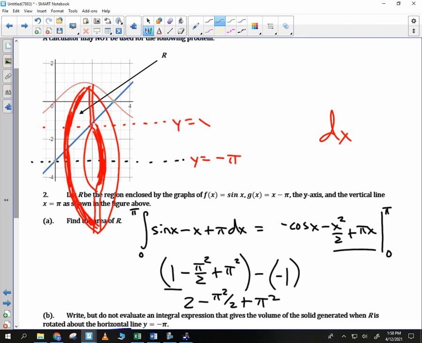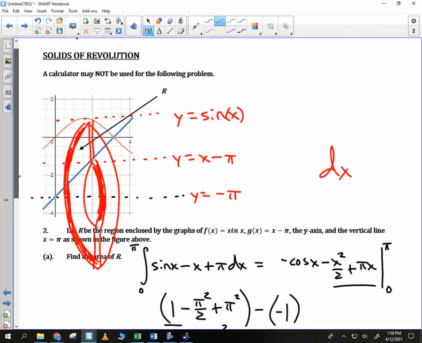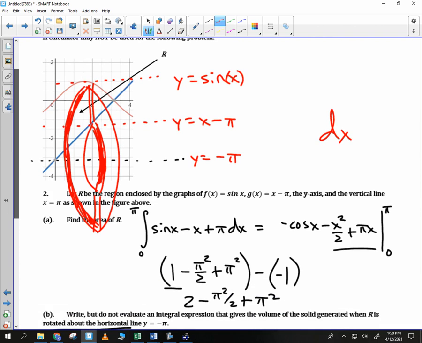Y is equal to x minus pi. And what makes the top portion? Sine of x. Does it label them as g or f? It does. It says f is sine. So this is f of x, and this is g of x. I'm going to use that to my advantage. If it didn't, I could just write it there.